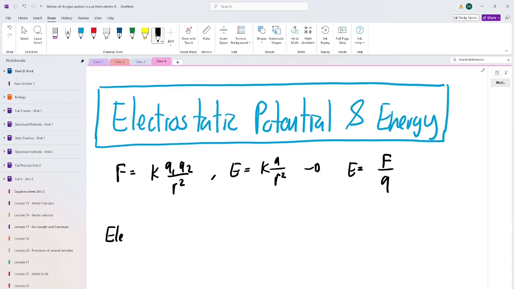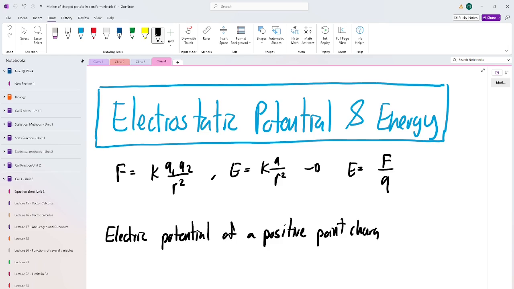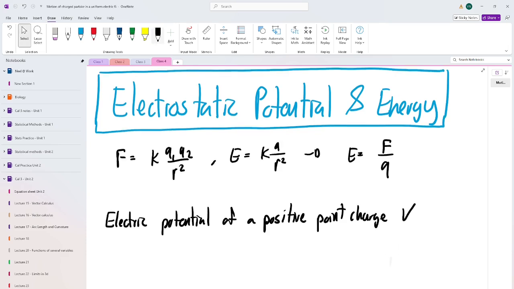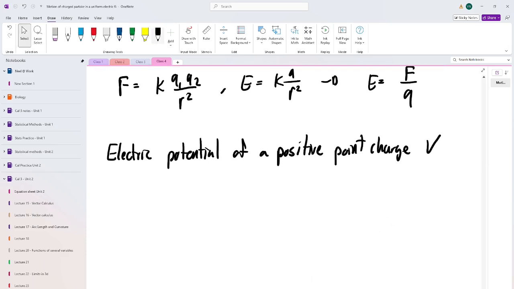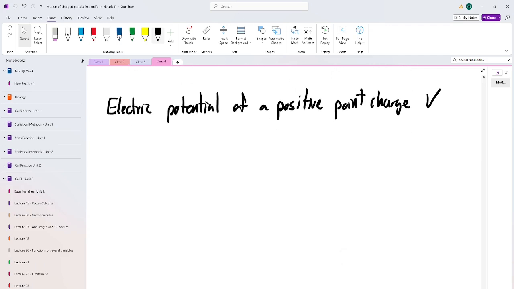So the electric potential of a positive point charge V. So let's draw this.